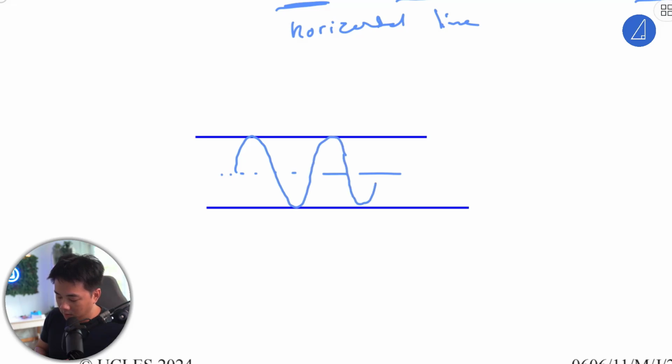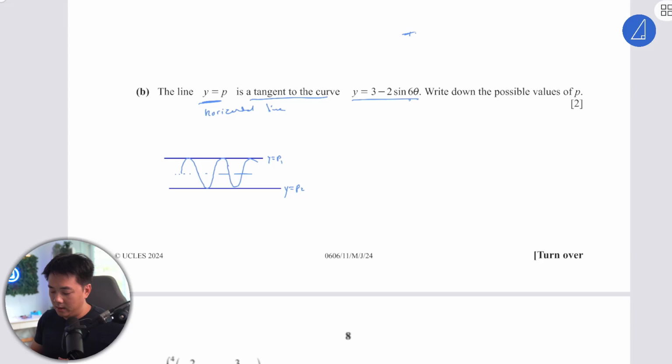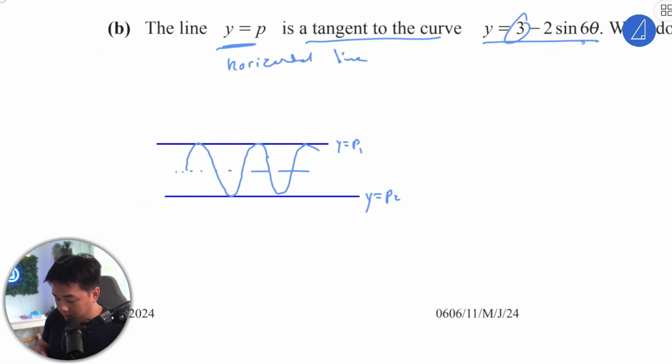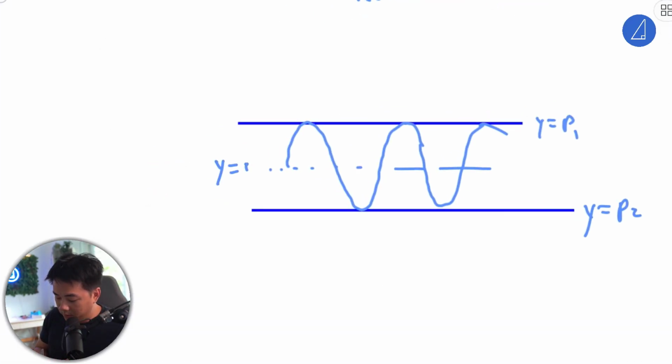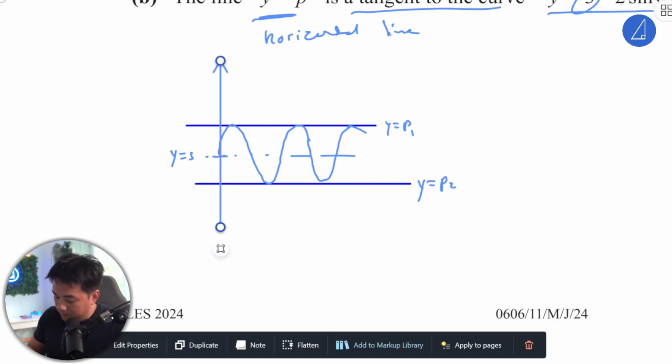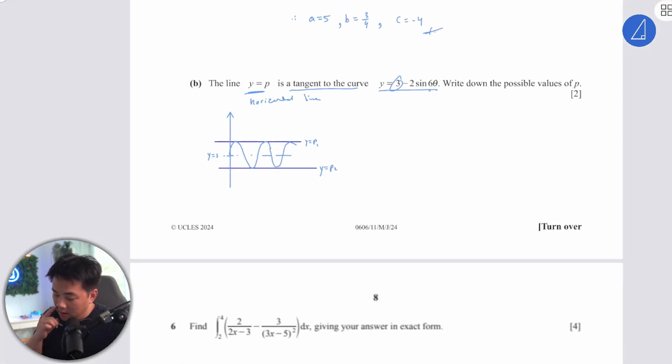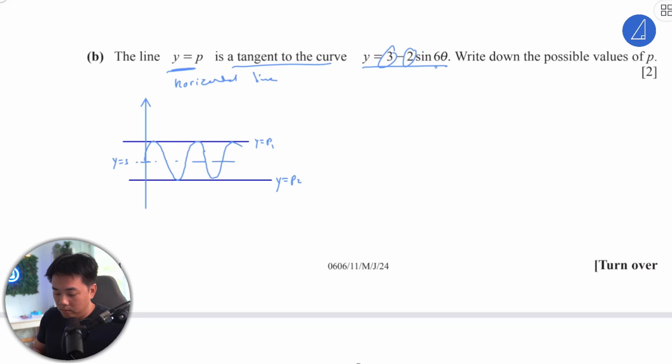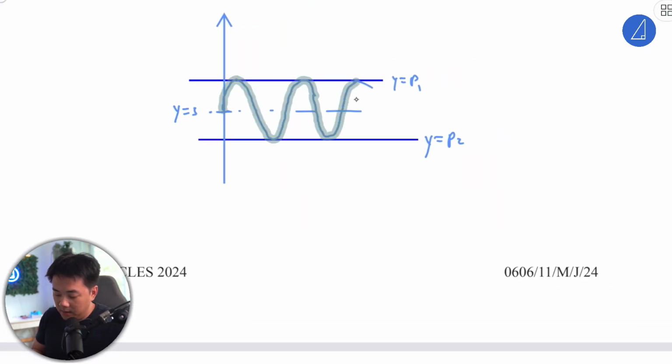So we want these two equations, y equals p1 and y equals p2. We know that c is y equals 3. Maybe I draw the axis here. Then the amplitude is minus 2, meaning it will flip, but it doesn't matter because it looks like that, right?